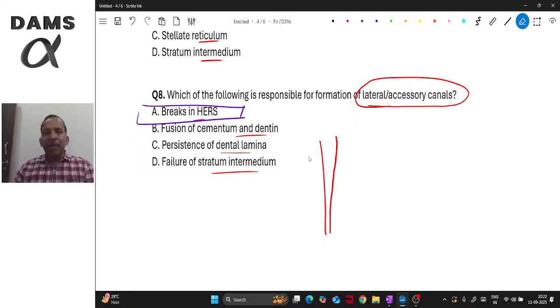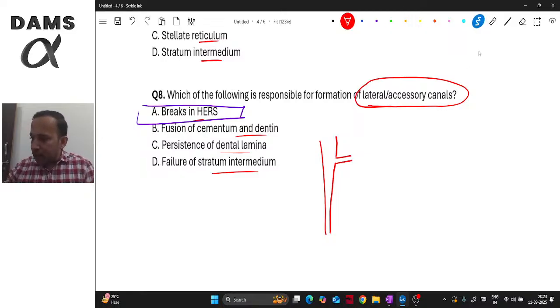Now, what is an accessory canal and what is a lateral canal? Let's say a canal is originating from this pulp canal at some angle.